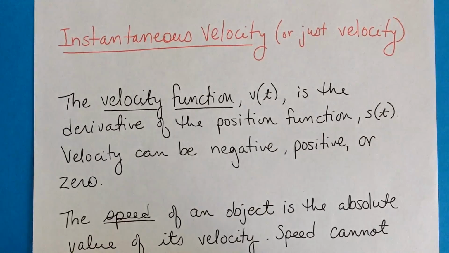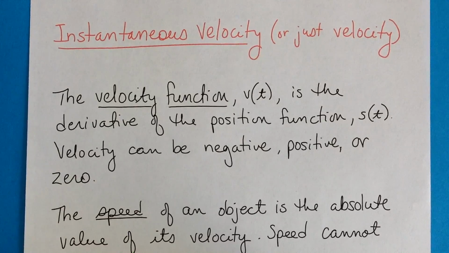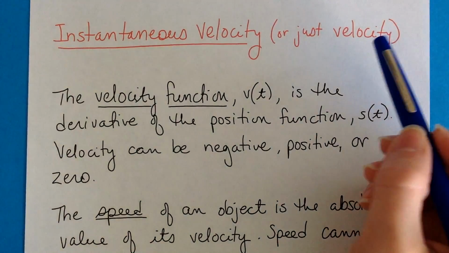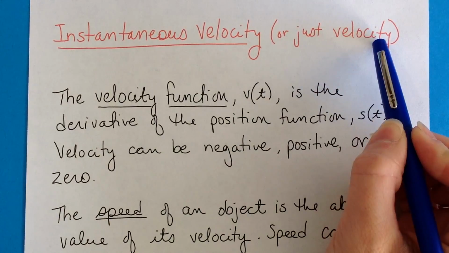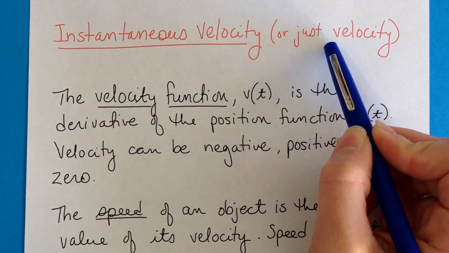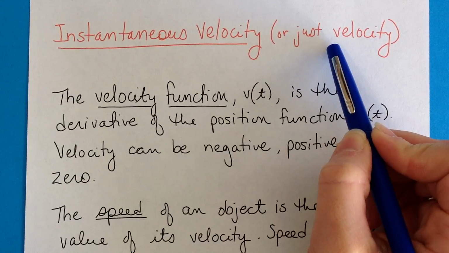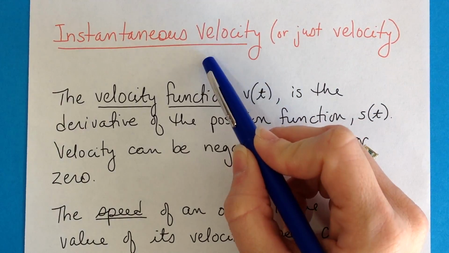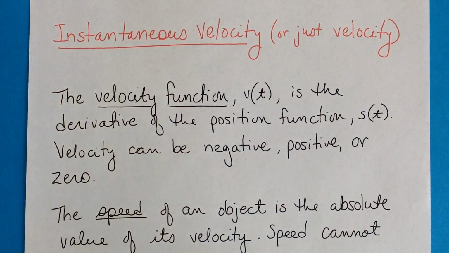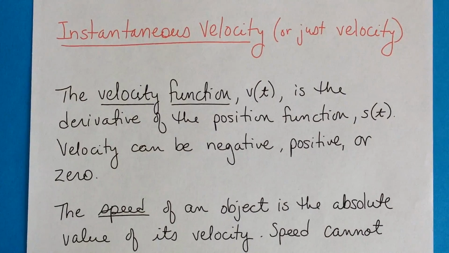Now, instead of talking about just average velocity, you also have what's called instantaneous velocity, or, as I've said, just velocity. So if you see just the word velocity, you don't have average in front of it or instantaneous in front of it, it's understood to be the instantaneous. If they specifically want average velocity, it'll have to say average.